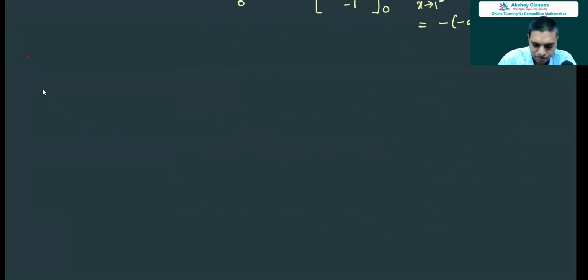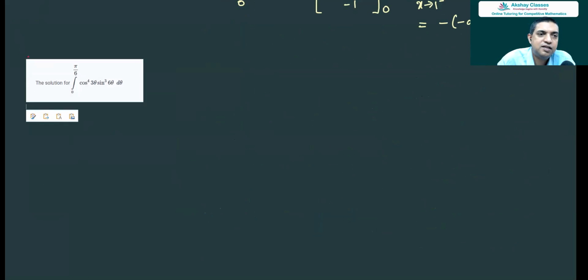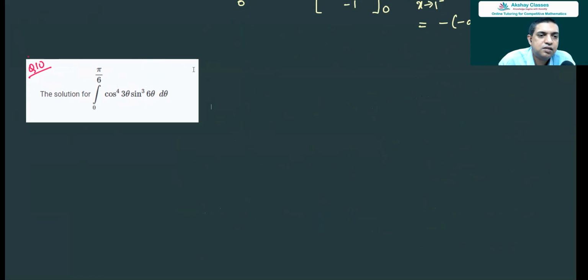This is based on Wallis's formula that I discussed yesterday. Wallis's formula is valid from 0 to pi by 2. Now you observe this. We can substitute 3 theta as say alpha.